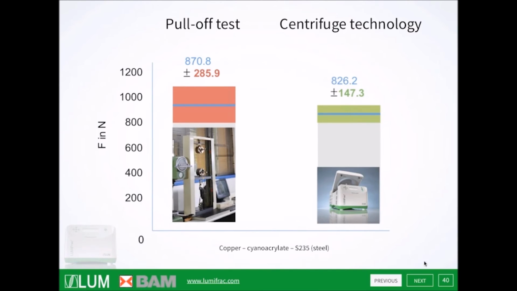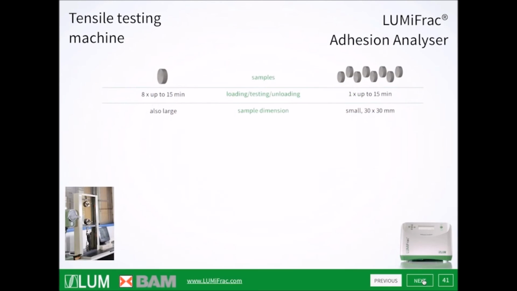Now let's come to the next table to go into a few more points regarding the comparison. The first and maybe striking point is that tensile testing machines can measure one sample in one experiment. The adhesion analyzer can measure 8 samples in one run.